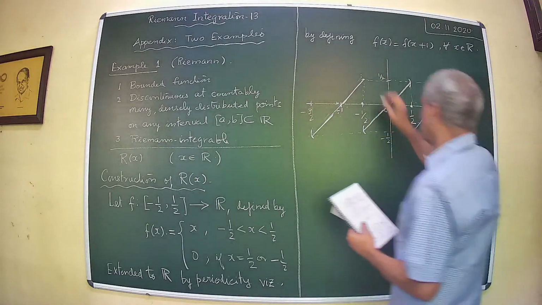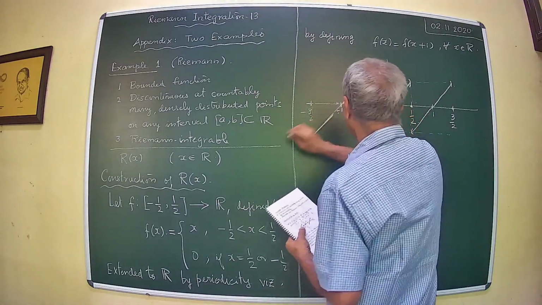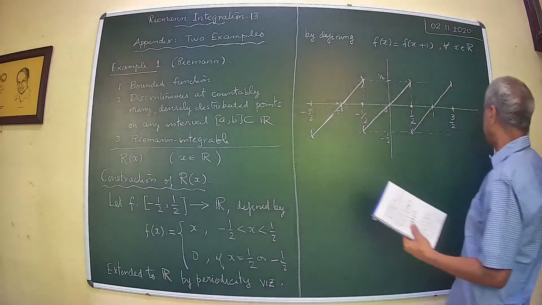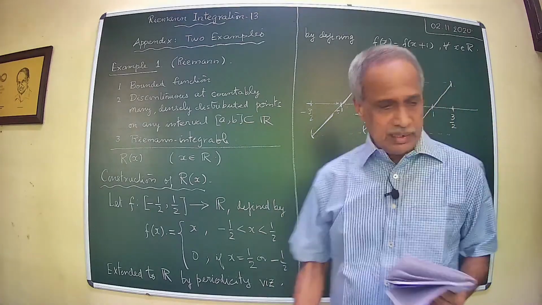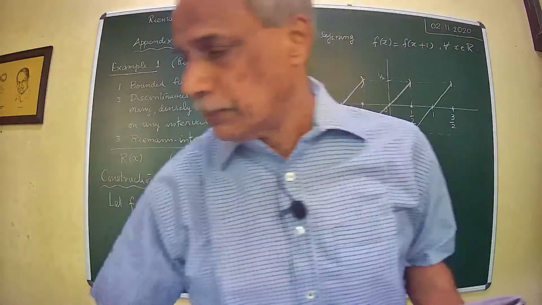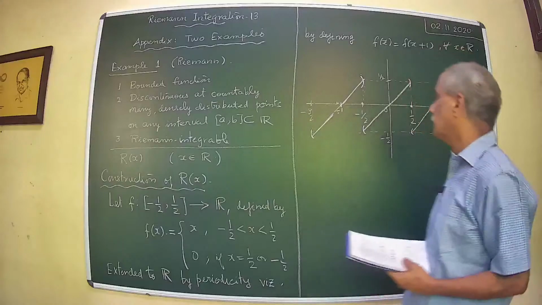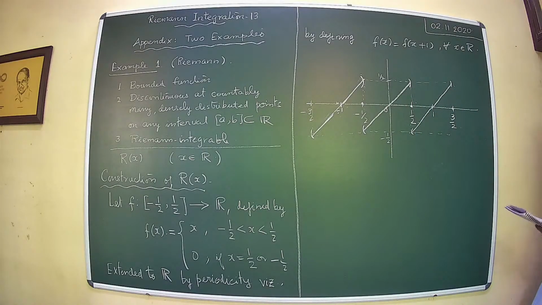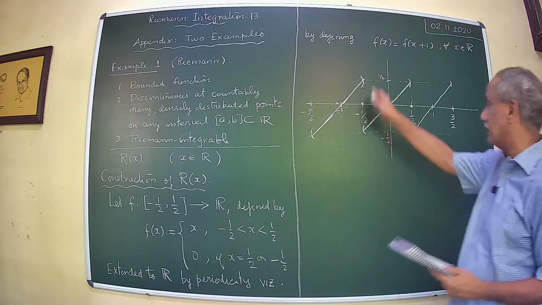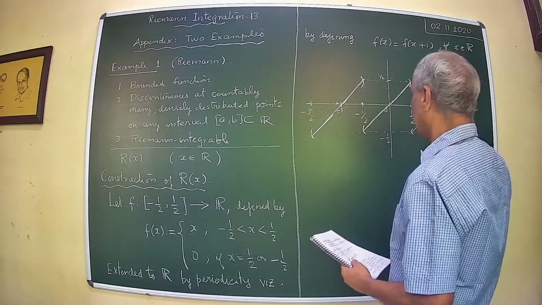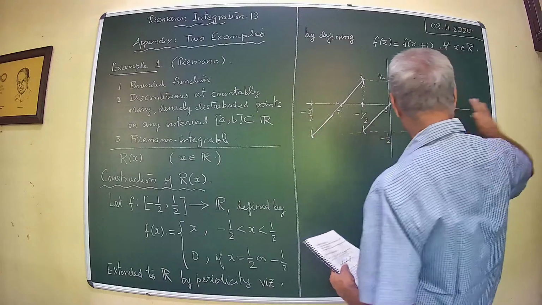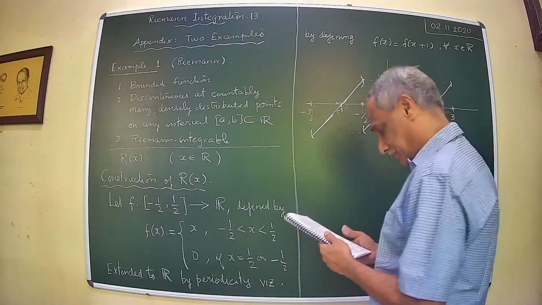So this is the function that you have defined, and likewise you have extended beyond this. That's the graph of the function. It's interesting to see that already you have discontinuities at minus half, half, 3 by 2, minus 3 by 2, then it goes on to 5 by 2 and so on.